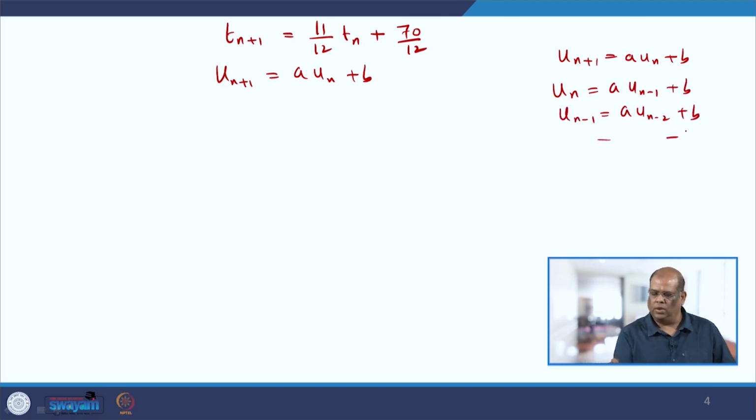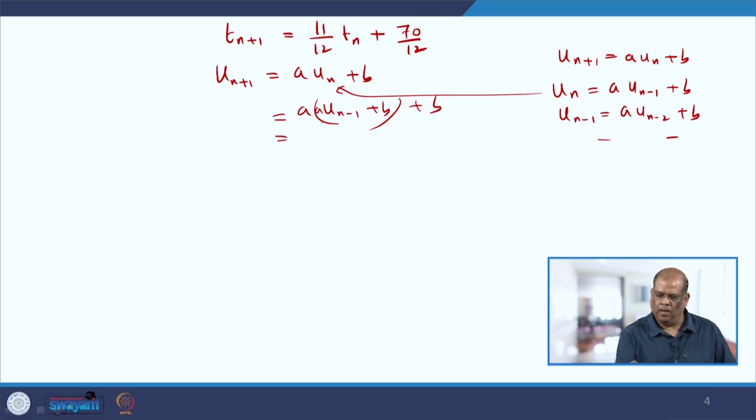So, we use that, you substitute this un here: a times un minus 1 plus b, which equals a square un minus 1 plus ab plus b, and this you can write as a square un minus 1 plus b into a plus 1.